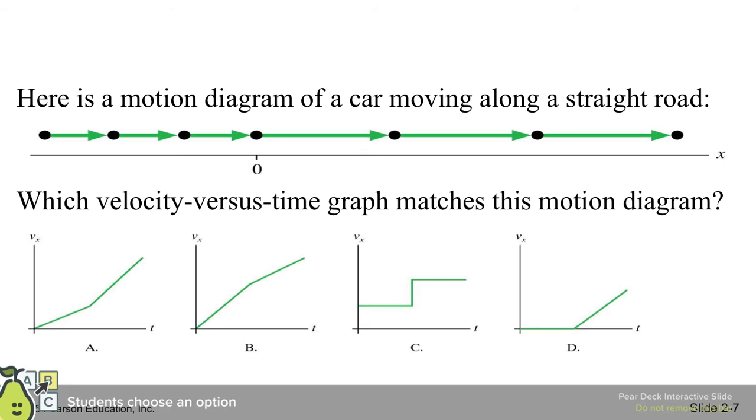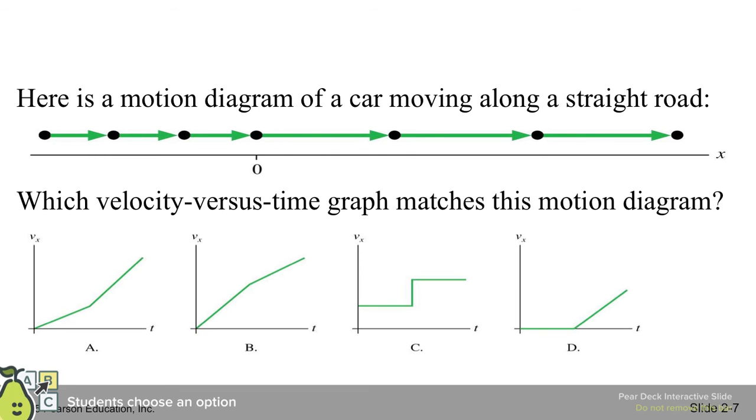All right, here's a motion diagram of a car moving along a straight road. Which velocity versus time graph matches this motion diagram? So now it's a velocity versus time graph. Not surprisingly, you can see that this is the same motion as before.